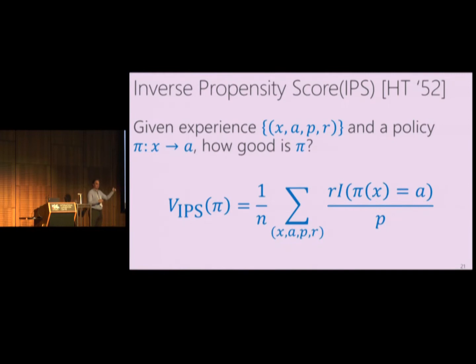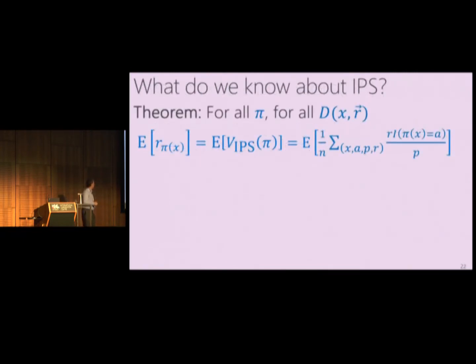So a large reward is good, agreeing with the action is good, and then we're dividing by the probability. That dividing by the probability is a little bit mysterious. That's kind of the propensity score, and I'll show you exactly why you do that in a moment. Okay, so there's a very simple theorem here.